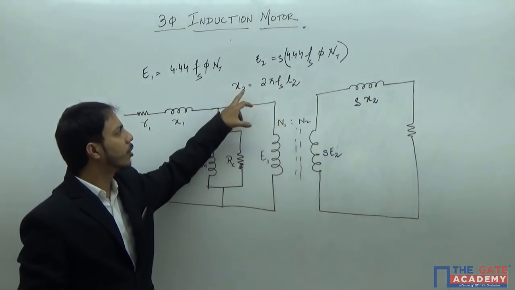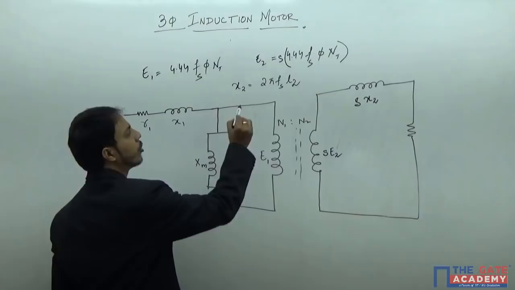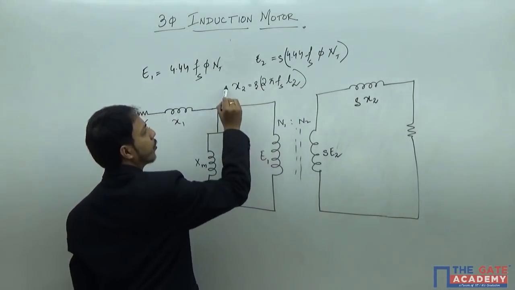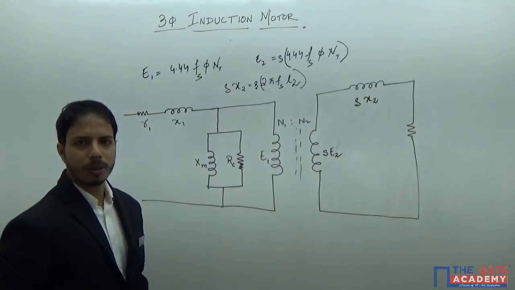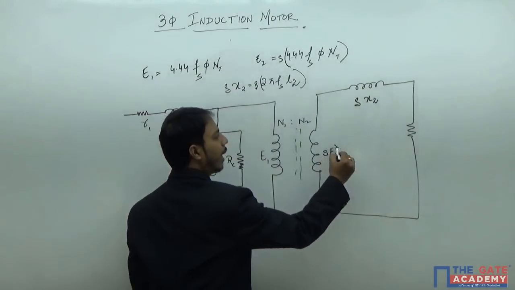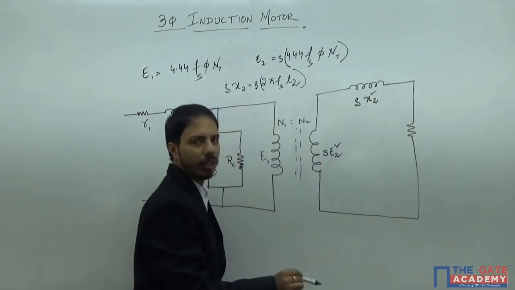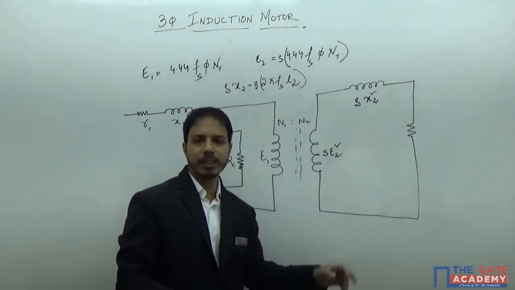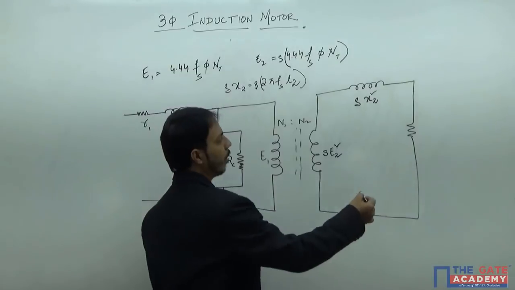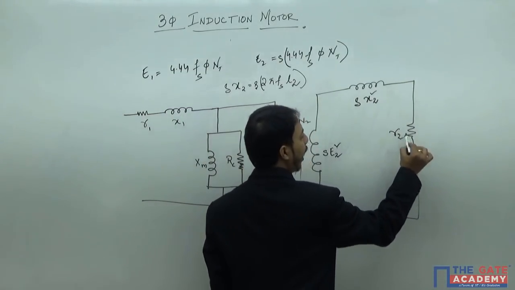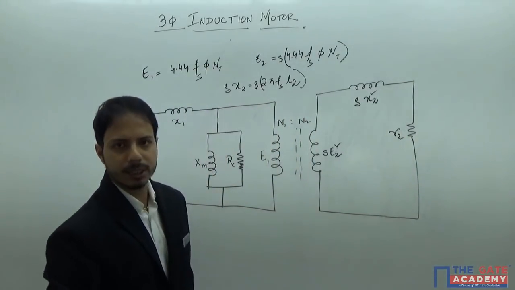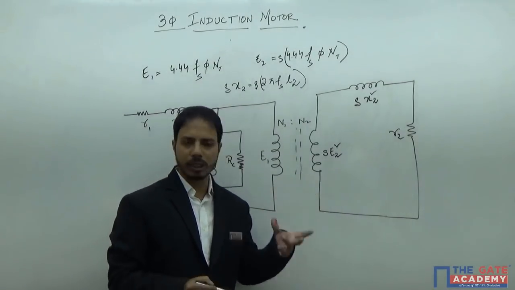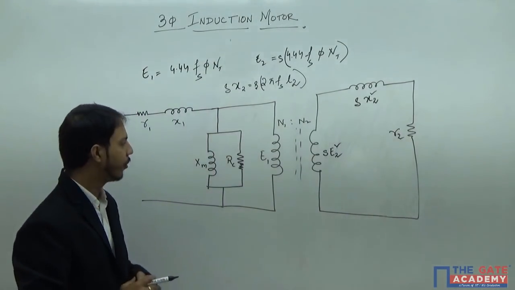If the rotor starts rotating, the frequency will change and this will become S times X2. So these E2 and X2 values are the starting values, or at any other slip, we have to multiply with that slip. And here we have R2. Now R2 is resistance, and resistance does not depend on frequency.